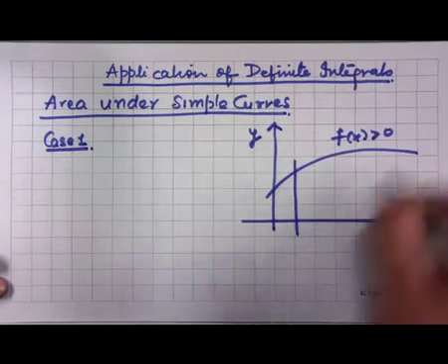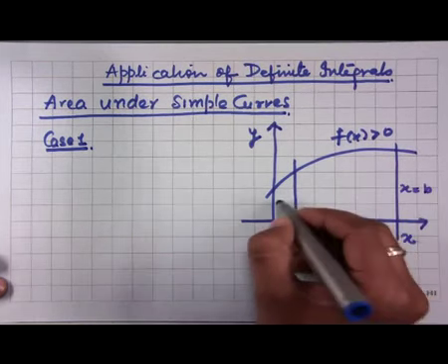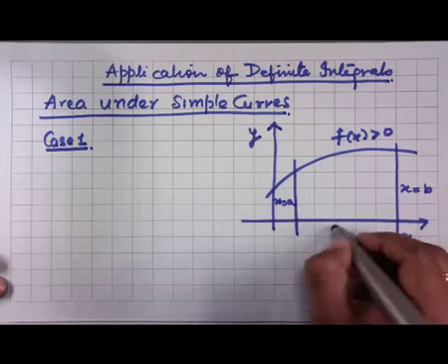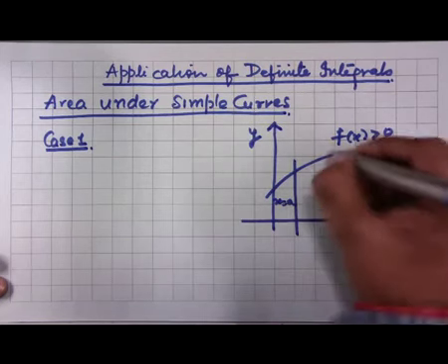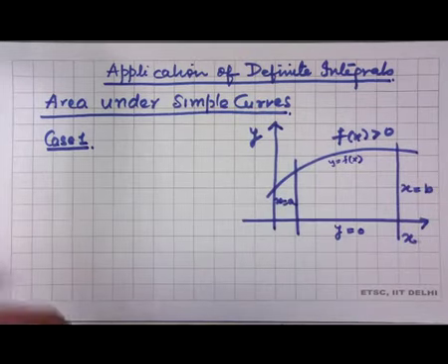This is the line x equals to a and this is the line x equals to b. This is the line y equals to 0, and this curve you know that it is y equals to f(x). So how to find out the area?